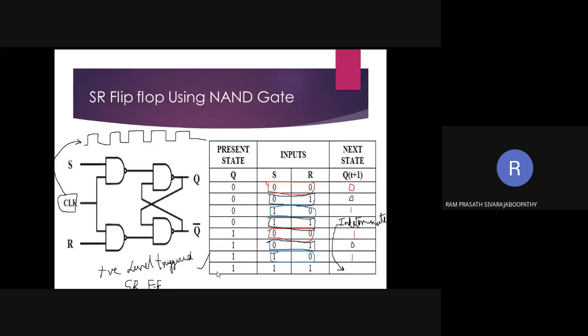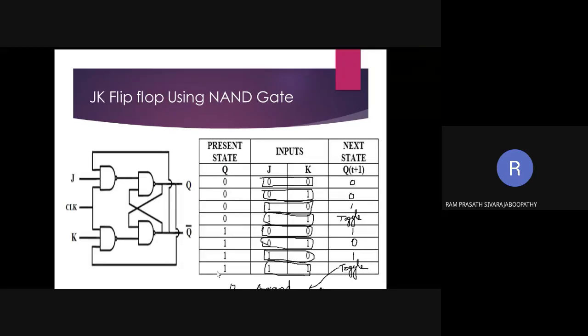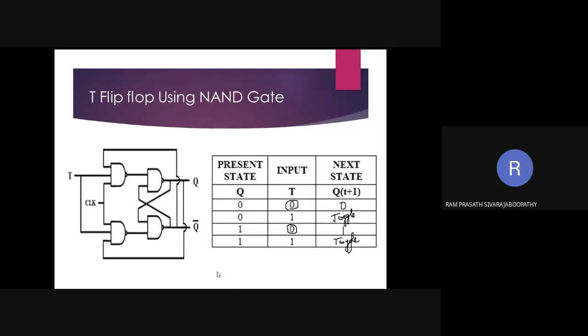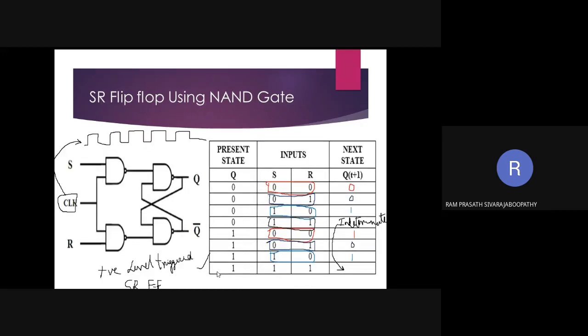Kindly take a screenshot. SR flip-flop and its characteristic table. D flip-flop and its characteristic table. JK flip-flop, its characteristics table. Then finally T flip-flop, its characteristics table. That's all. Please take a screenshot of this, so that you don't get confused about how I give the circuit connections.